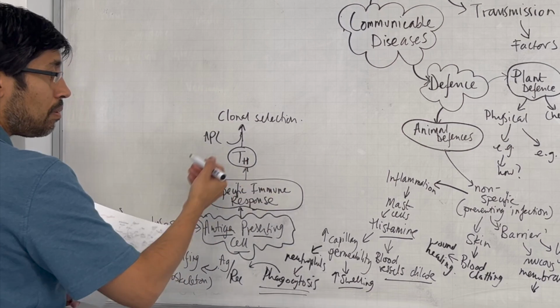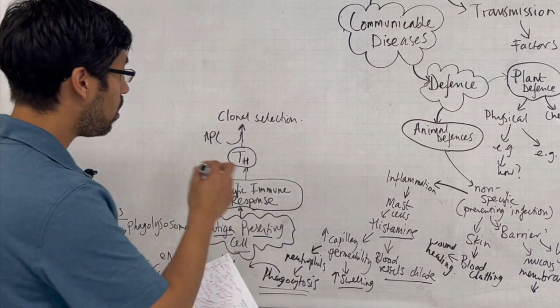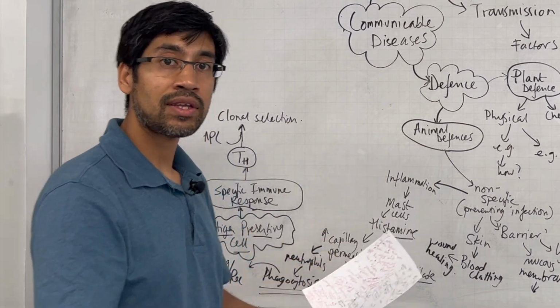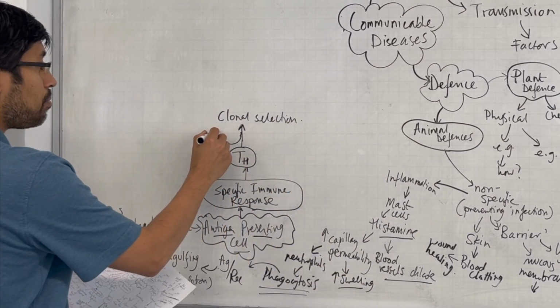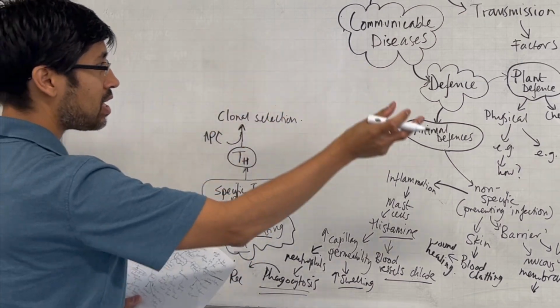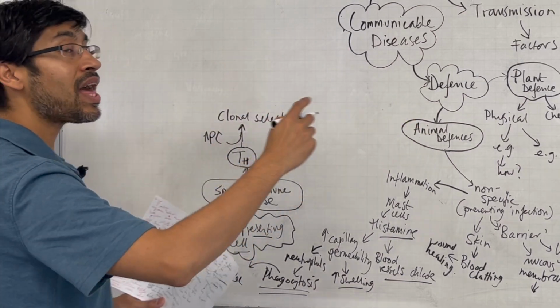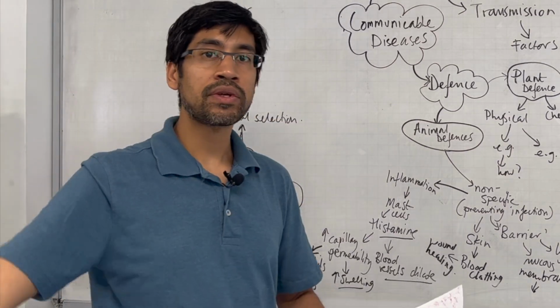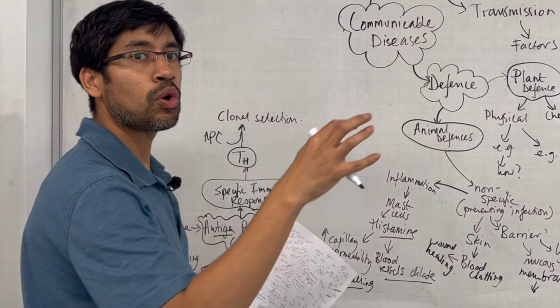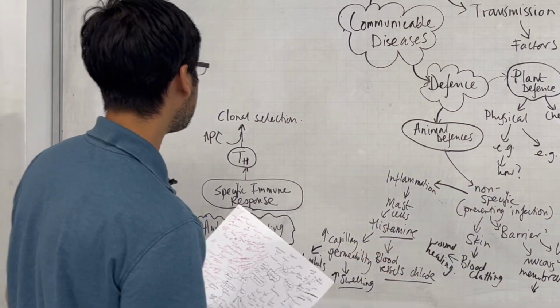The idea being that there's lots of T helper cells, each with a different receptor complementary to different antigens, but the APC, because of the antigens that it's presenting on its surface, will select one of our many T helper cells to be the one that's going to coordinate the specific immune response.